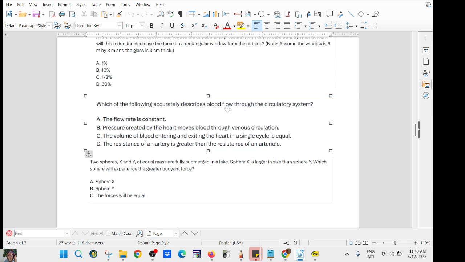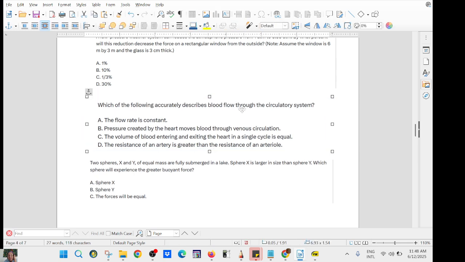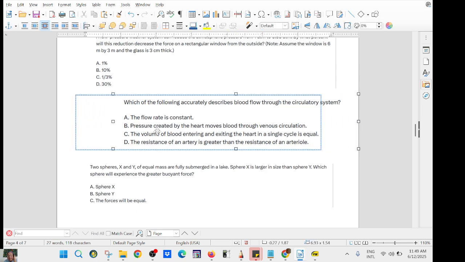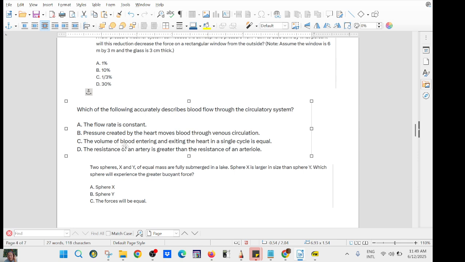Sometimes it can flow faster, sometimes slower, but the thing we are sure of is C, because of conservation of the total amount of blood in the system. Whatever comes out has to come in. So C will be the answer.